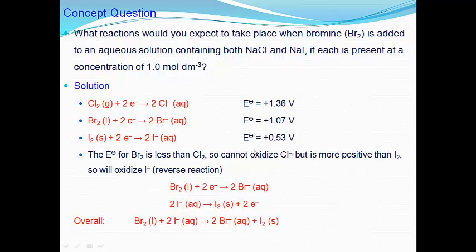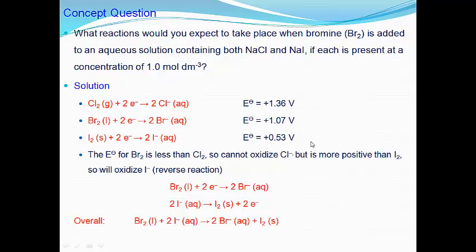And so if we are adding bromine to a solution that already has chloride ions, the chloride ions would like to stay in that form, because the reduction potential for chlorine is fairly high and is higher than that for bromine, and hence the bromine cannot oxidize the chloride to form chlorine.